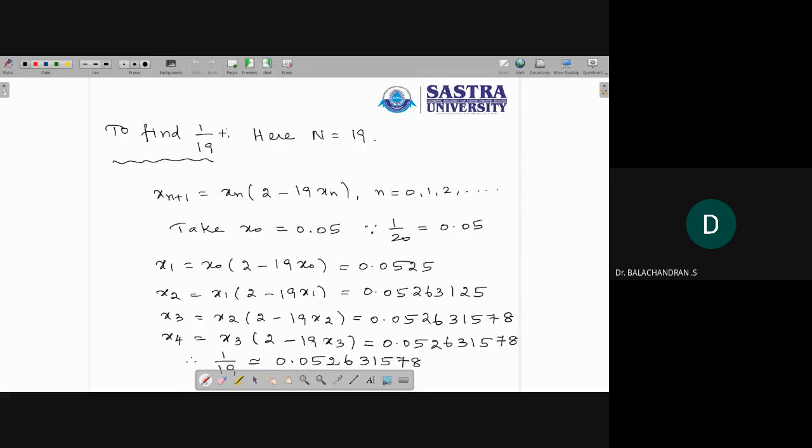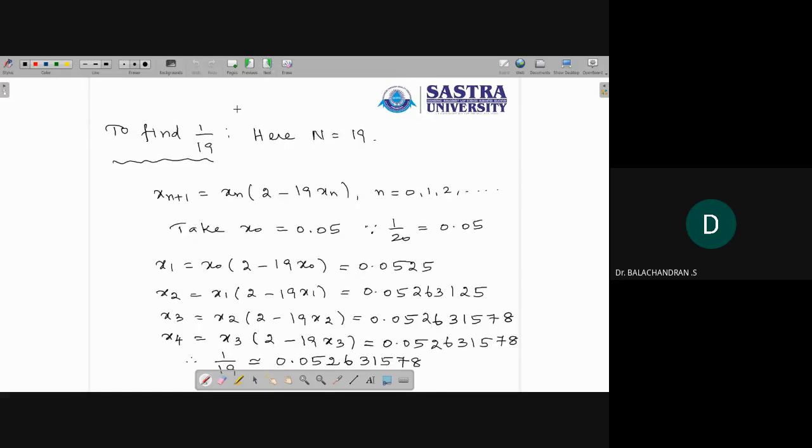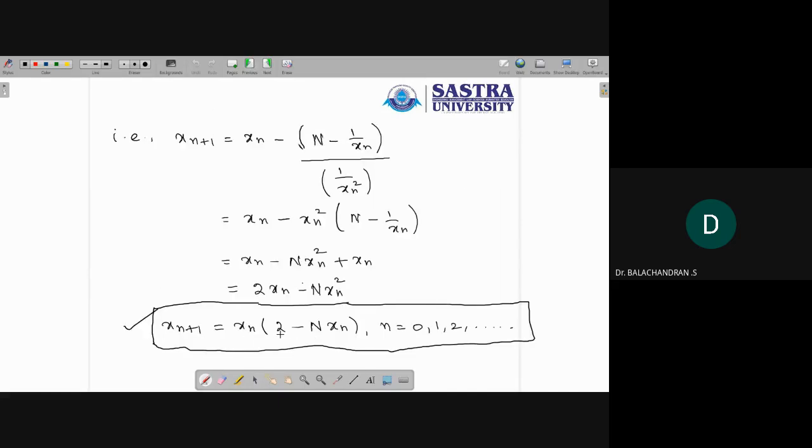So find 1 by 19. Let us take n equal to 19. Here n equal to not 1 by 19, n equal to 19. So the iterative formula is what? xn plus 1 equal to xn into 2 minus n into xn. So if you substitute, xn plus 1 equal to xn into 2 minus 19 into xn.